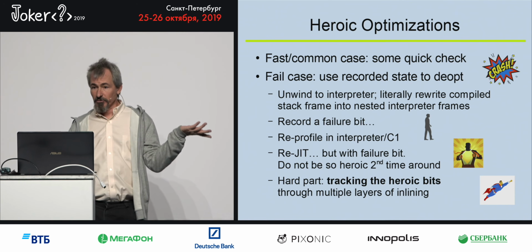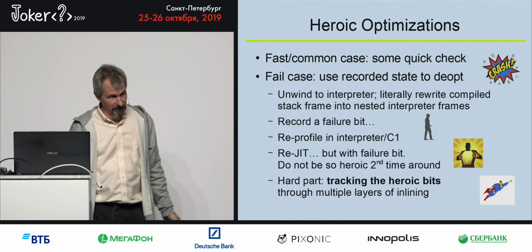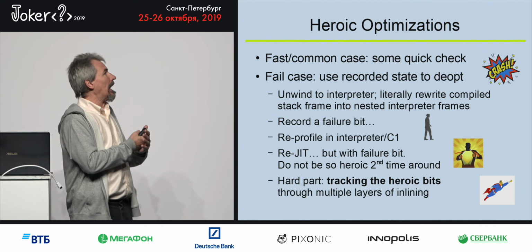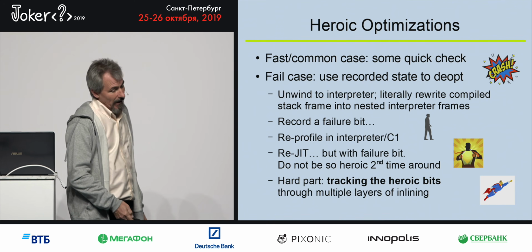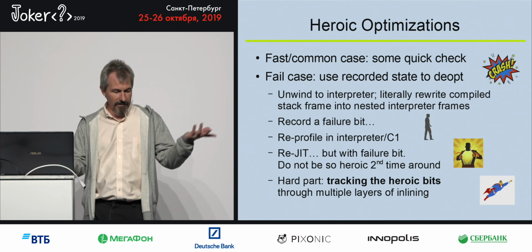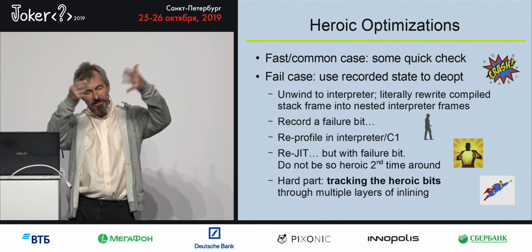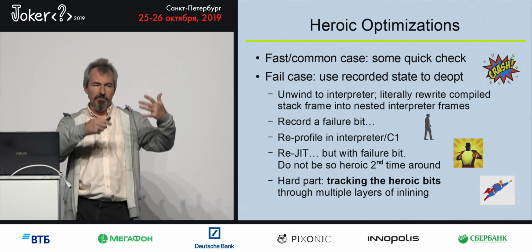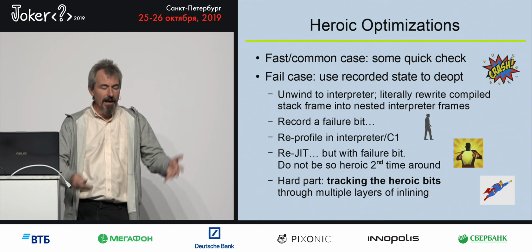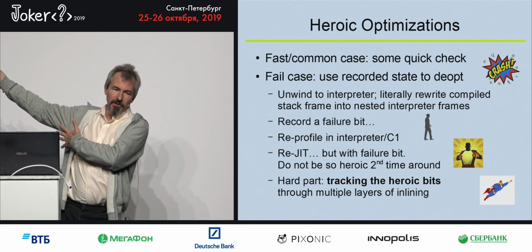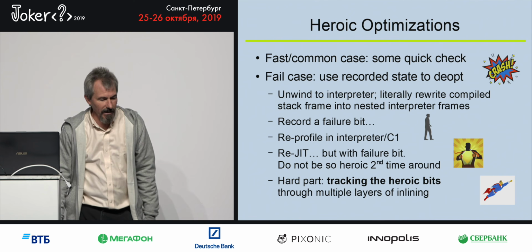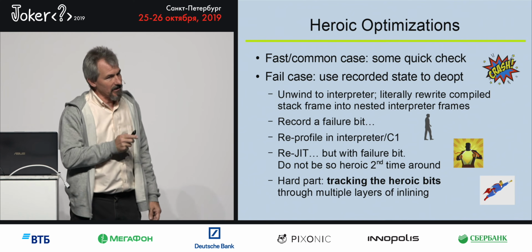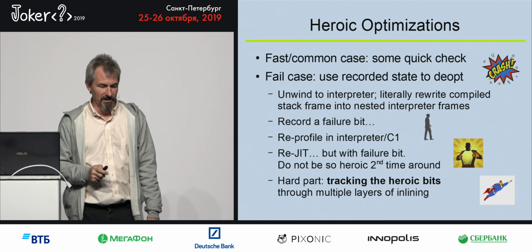And mostly this works really great, but occasionally it fails. And if it fails, I deopt in the interpreter, ouch. Now I have to unwind. I have to take my compiled frame, which is inlined, many Java frames or JVM bytecode frames, and explode them out into the interpreter for every nested interpreter frame you need, and I have to set a bit somewhere that says I failed this heroic optimization.